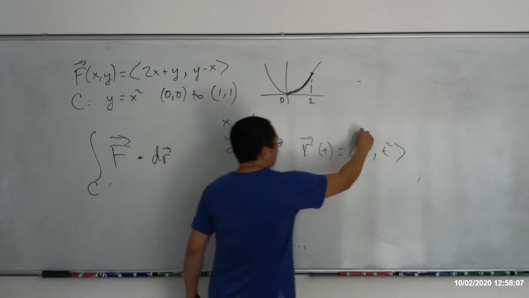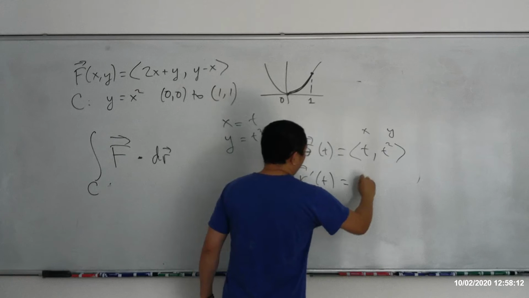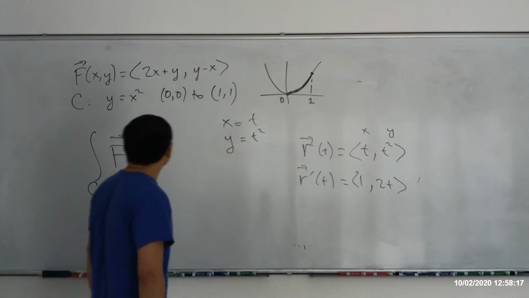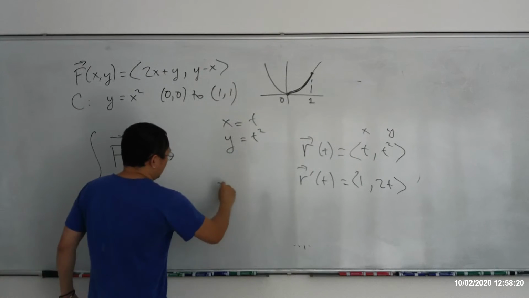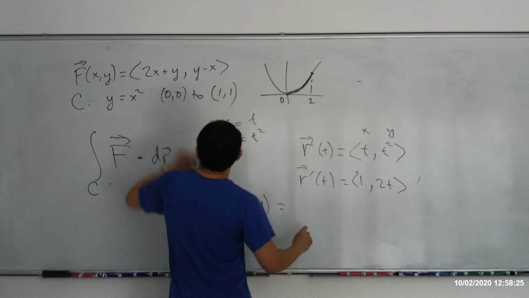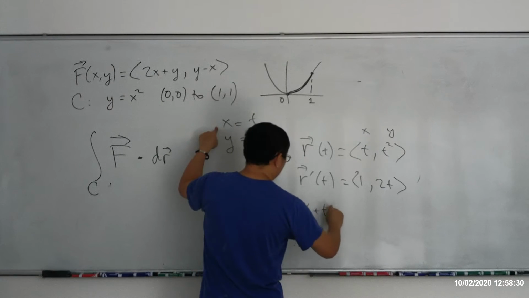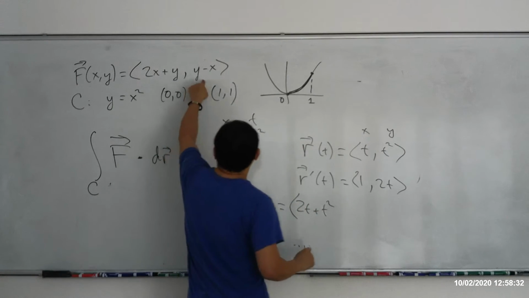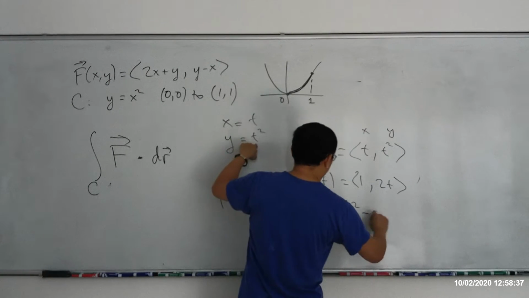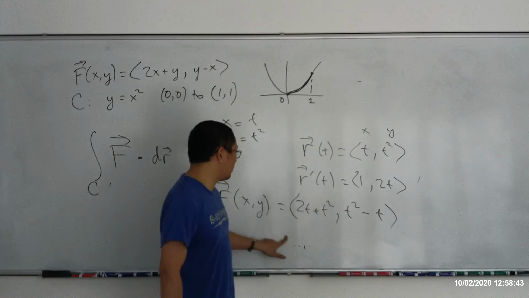So r prime of t is 1 comma 2t. You see what I've done? Derivative, derivative. And my F of x, y becomes 2x plus y, which is 2t plus t squared, and then y minus x, which is t squared minus t. Now you take F right here and dot it with r prime.